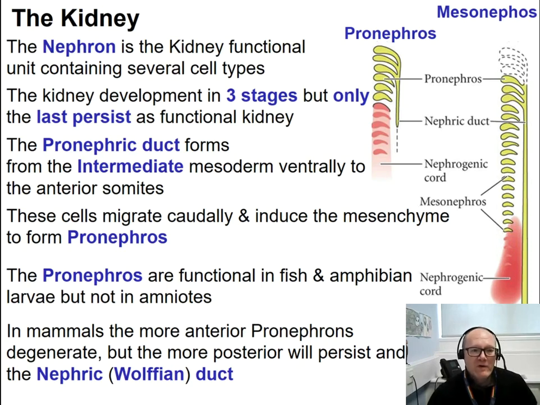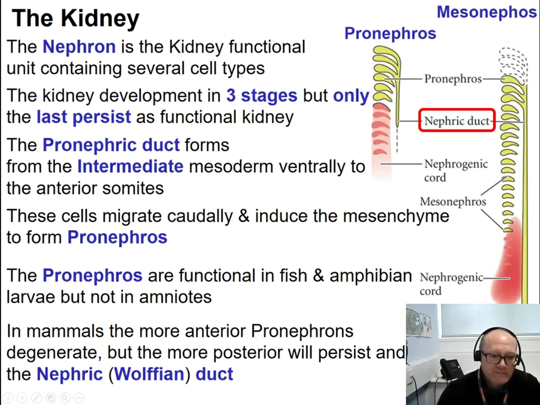While the pronephrons disappear by apoptosis, the pronephric tube is moving and developing more posteriorly. This extended tube that develops more posteriorly is called the nephric duct, or the Wolffian duct.